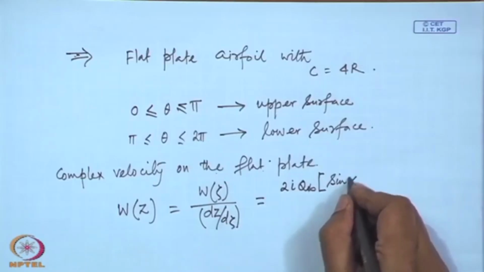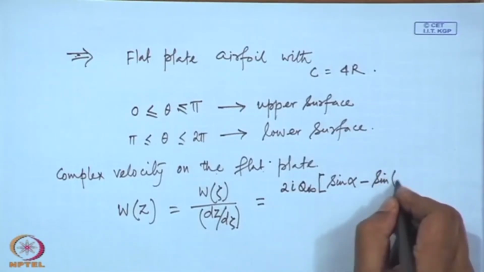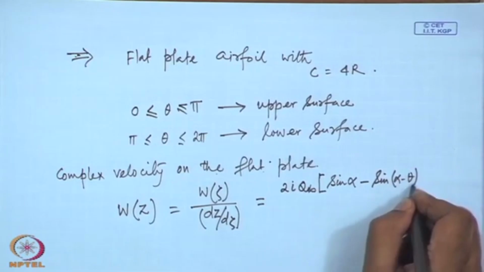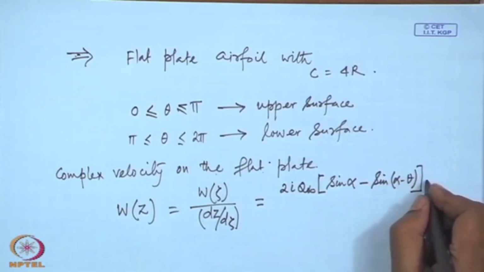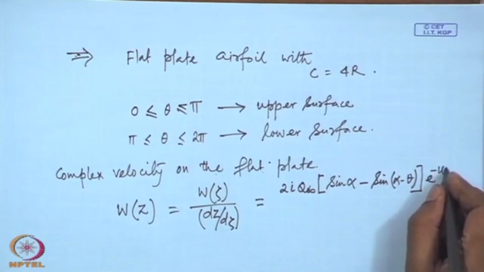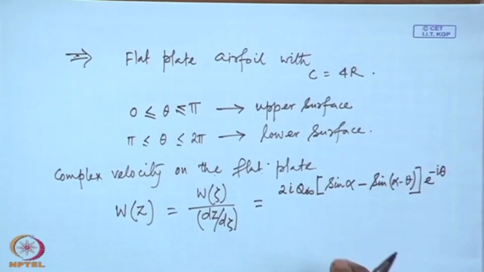So, this becomes sin alpha minus theta into e to the power minus I theta. Beta is 0 here.